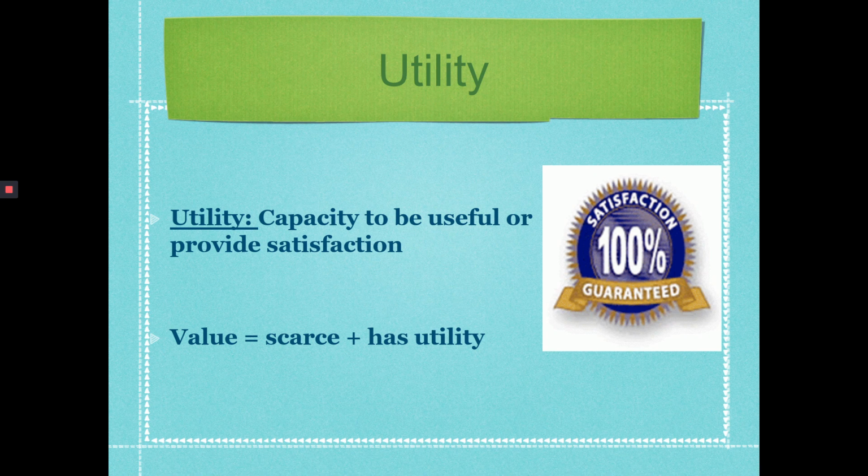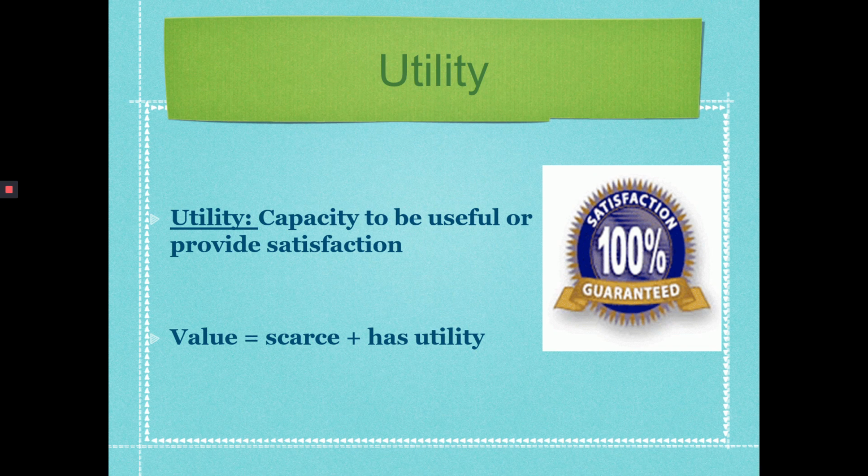But how do utility and scarcity come together to make value? Let's look at it. An item has to be useful. Okay, that means, guys, somebody's got to want it, right? Somebody has to want it, and the product has to be useful in order for people to want it.